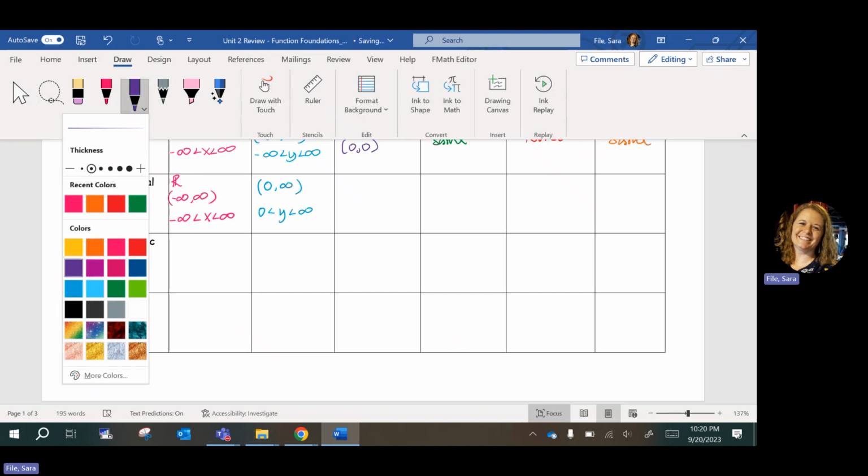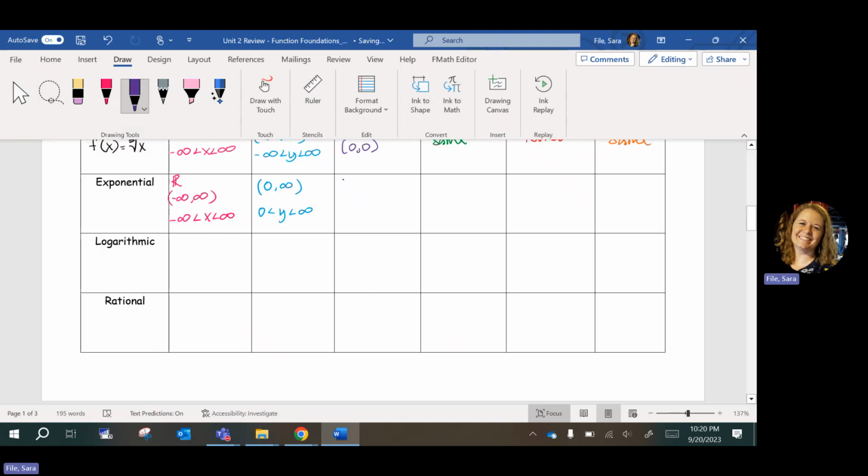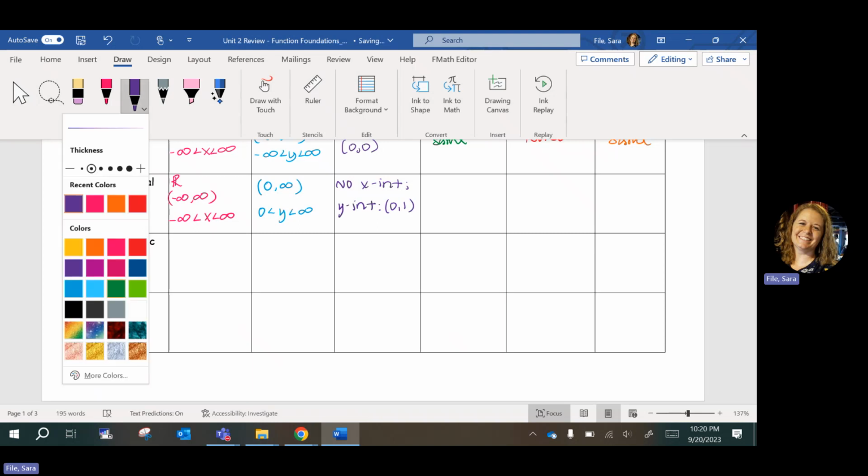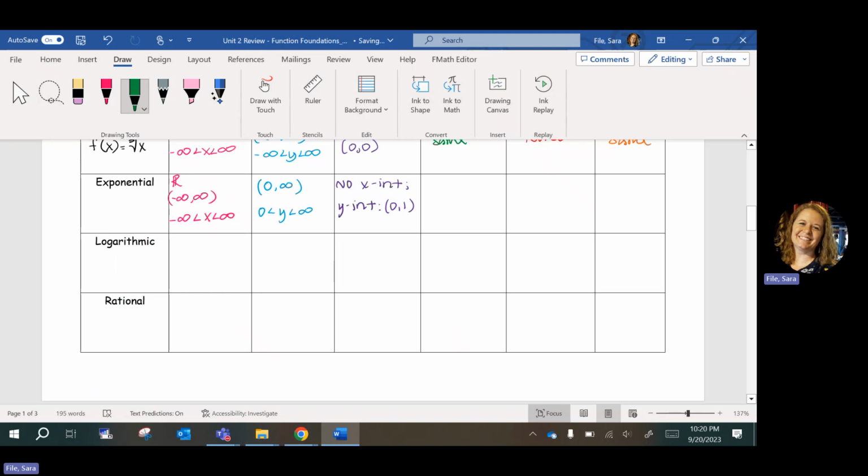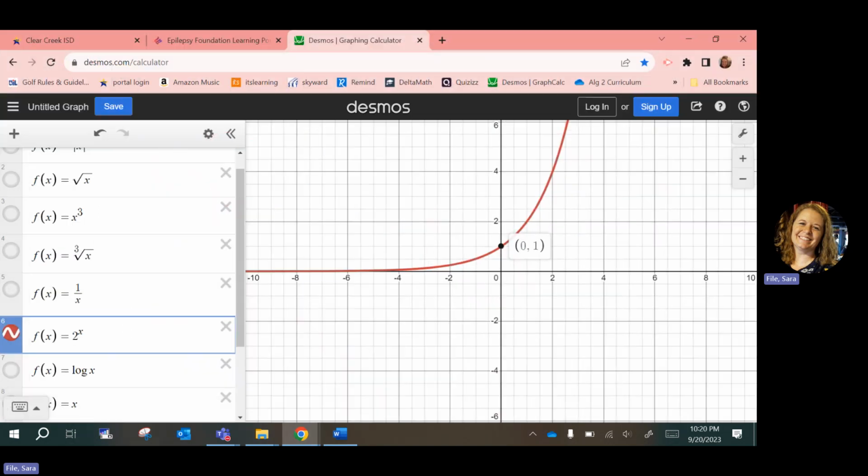Okay, and then we said there is no x-intercept because it never crosses the x-axis. And we said there is a y-intercept at 0, 1. Okay, as for the symmetry, actually, I don't think we talked about the symmetry. Let me go back and show that one to you.